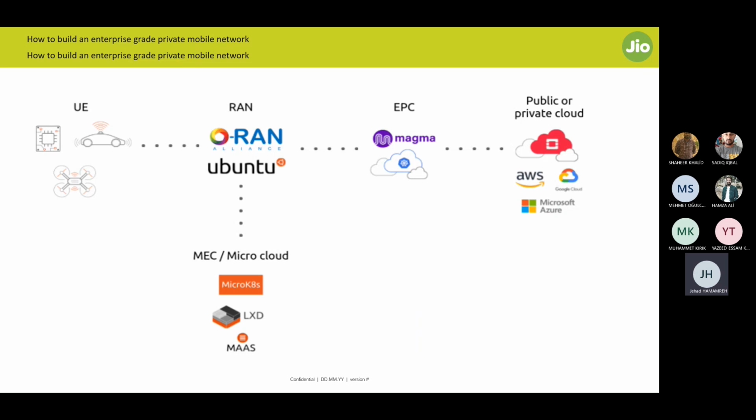This is just replacing these figures with the solutions that can be used in order to build this network, with the exact names of the technologies that you should use in order to build your complete end-to-end 5G or 4G network.